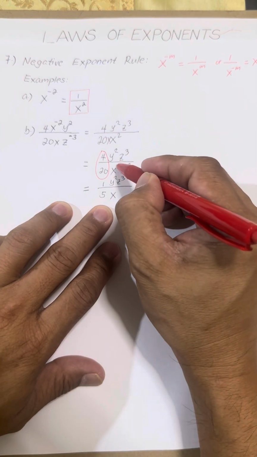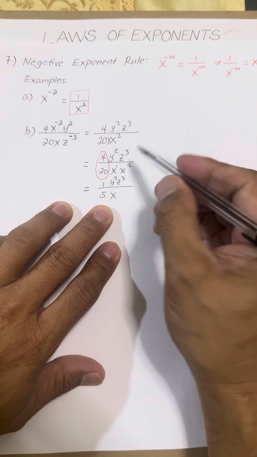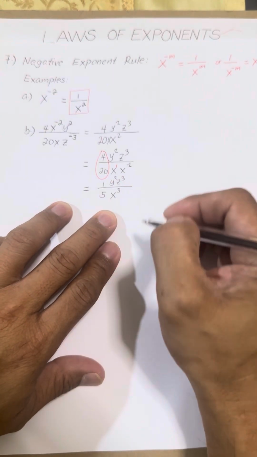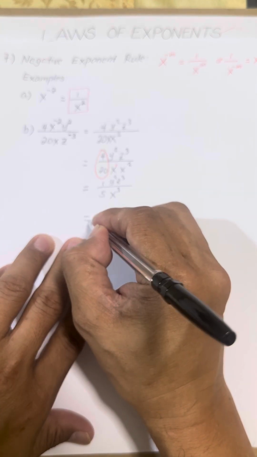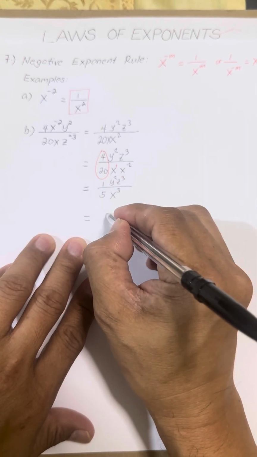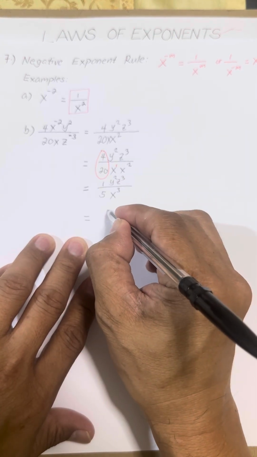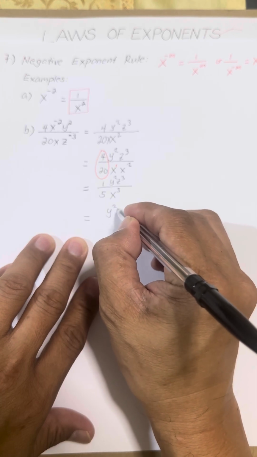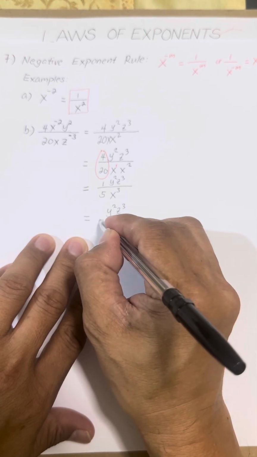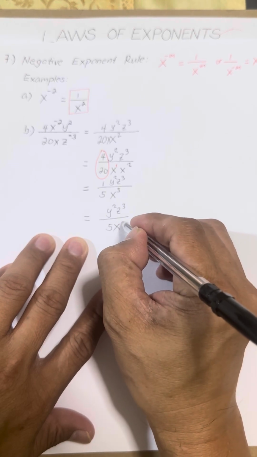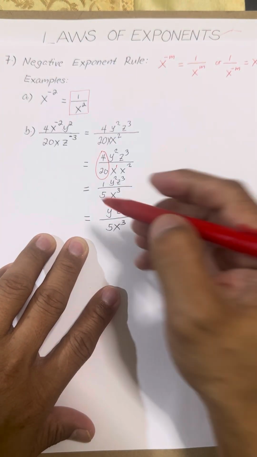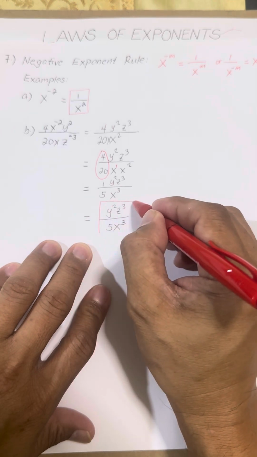The first x is understood to have an exponent equal to 1. That's why we have power 3 here. Or rewriting this, we have 1 times the product of y squared and z cubed, the same as y squared z cubed, and the denominator is 5x to the power 3. Okay, so this is our answer.